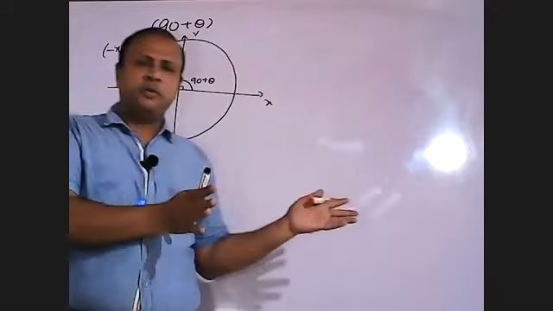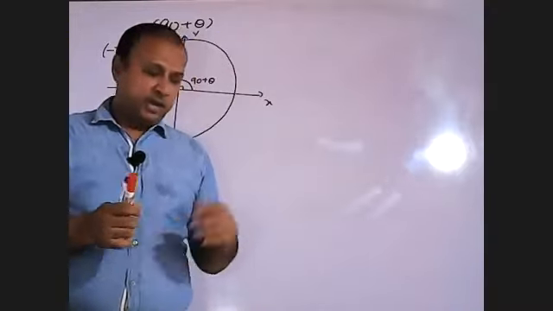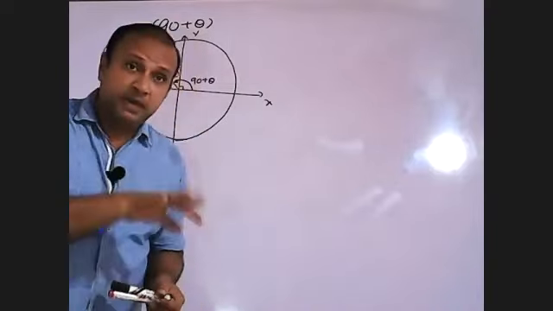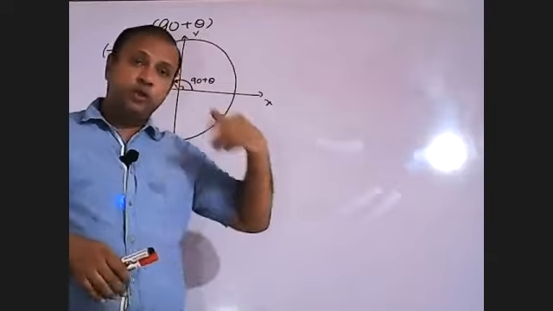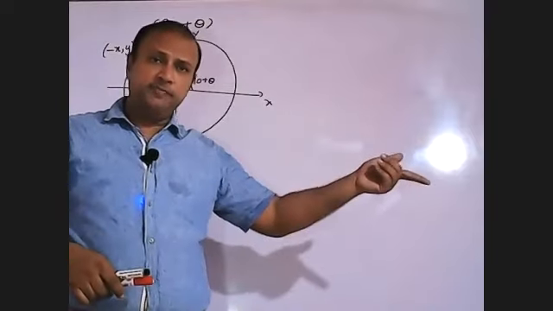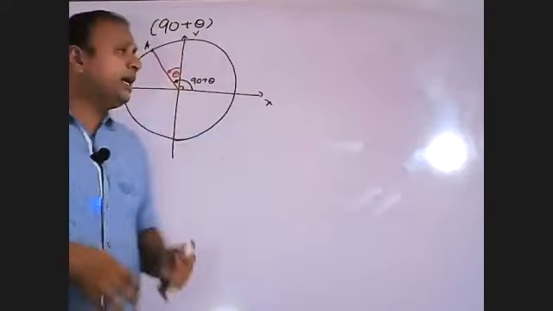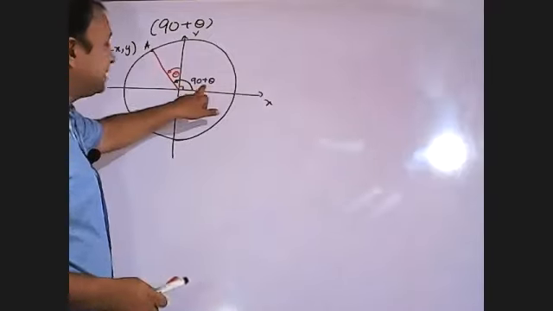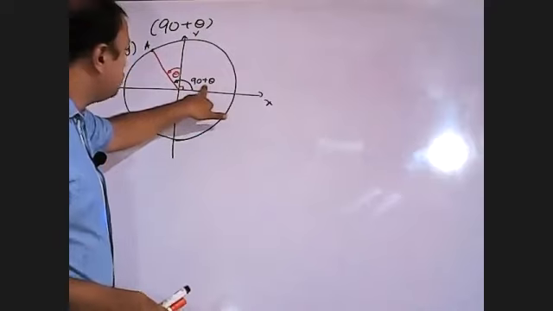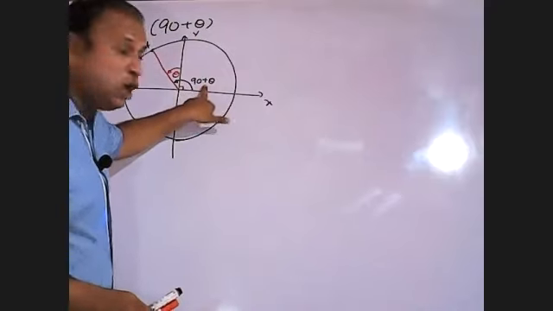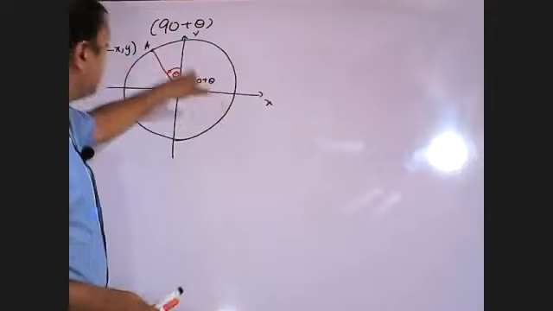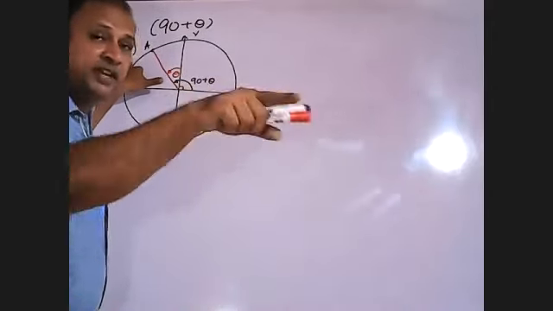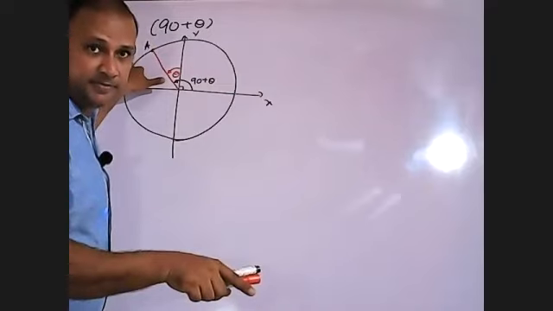Now, according to the definition using the unit circle method, the sine value of 90 plus theta should be equal to the y coordinate of the corresponding point on the unit circle.